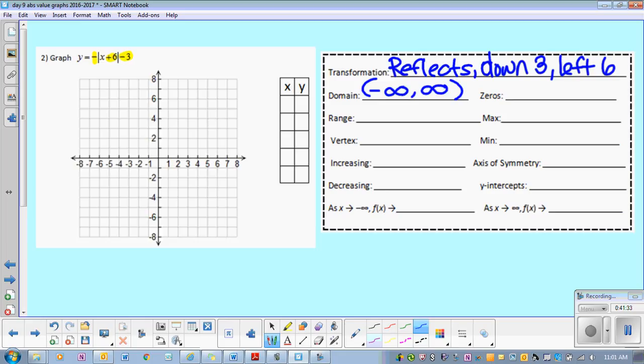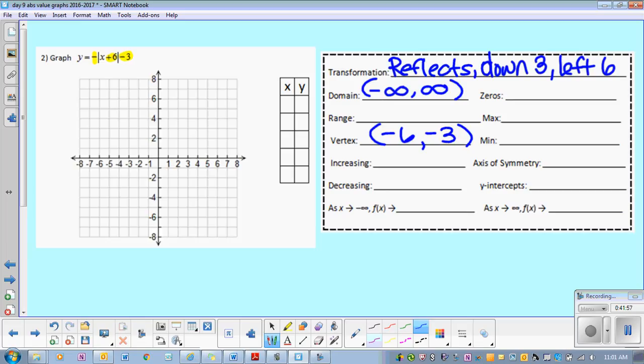Okay, wait, hold on. You want to do the vertex? Perfect. Let's do it. What is the number that's inside with the x? What's the opposite? Negative 6. A negative 6. What's my k number on the outside? Negative 3. Don't do the opposite for your k number. Ethan, did you say 3 or negative 3?